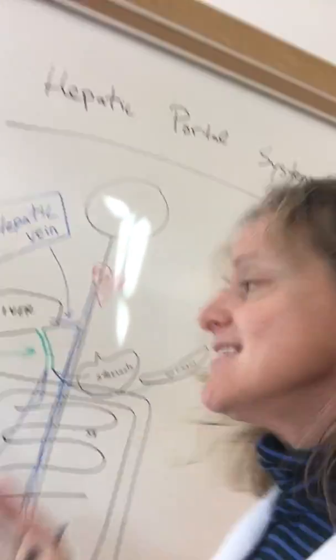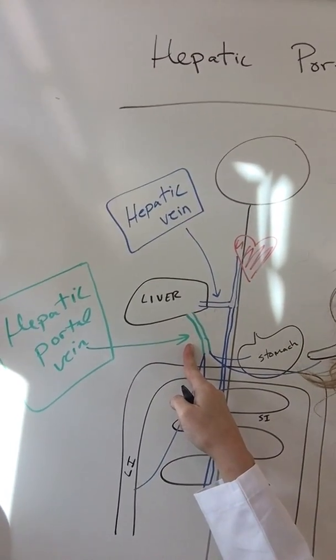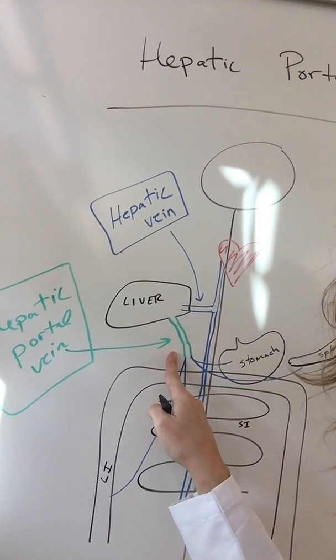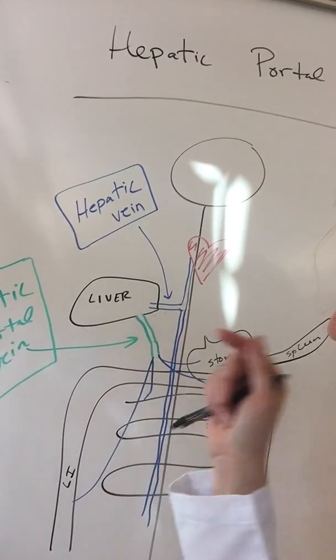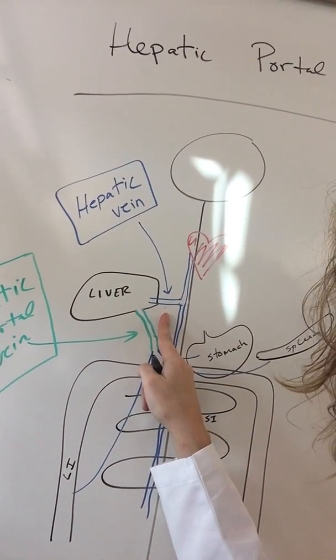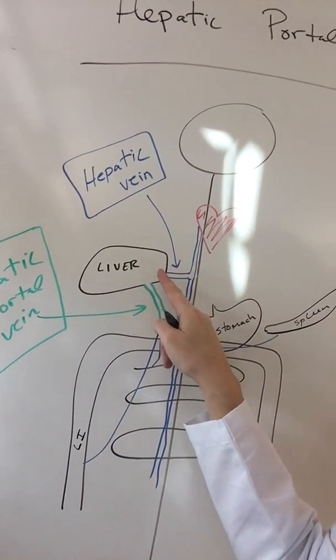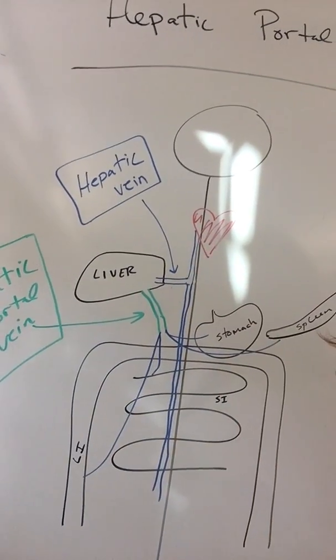But it's not that easy. We also have a vessel called the hepatic portal vein. I put it in green, even though it is in fact a vein, so it is carrying blood that's deoxygenated back towards the heart. But I put it in green so it would stand out from the rest of the blue veins here. So, to review, the hepatic vein simply drains blood from the liver to the inferior vena cava back to the heart.